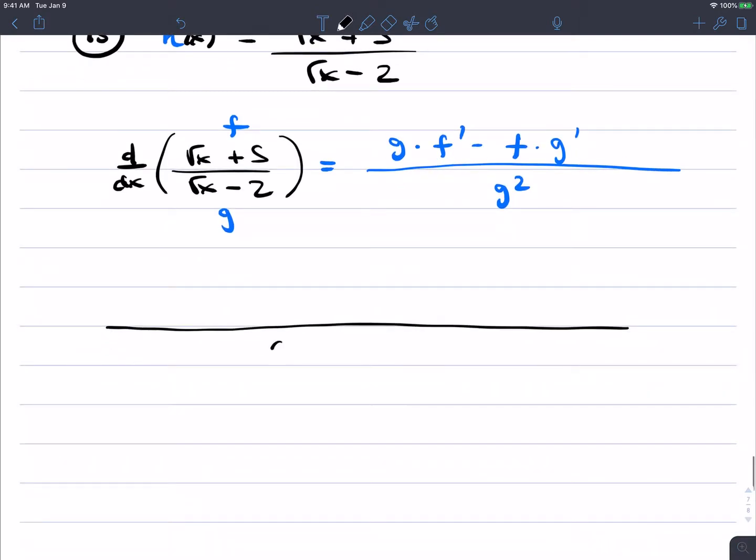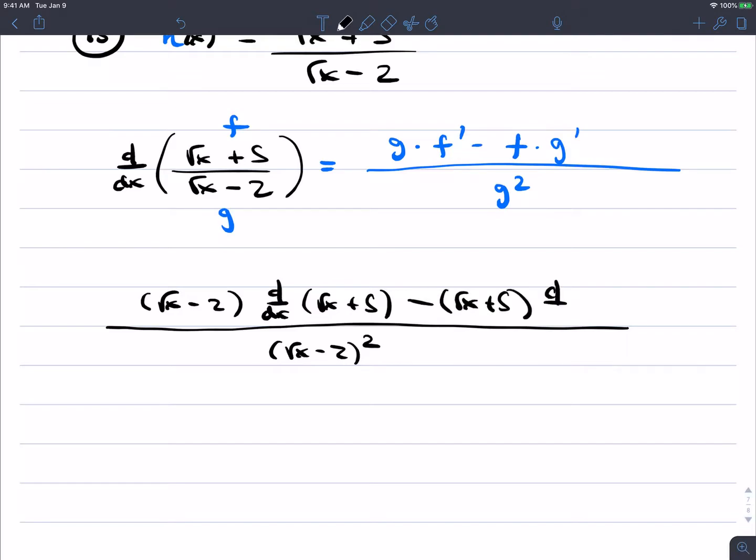So the square root of x minus 2 squared here, square root of x minus 2. This is where we start with our g. Differentiate the square root of x plus 5 minus the square root of x plus 5 times the derivative of the square root of x minus 2.